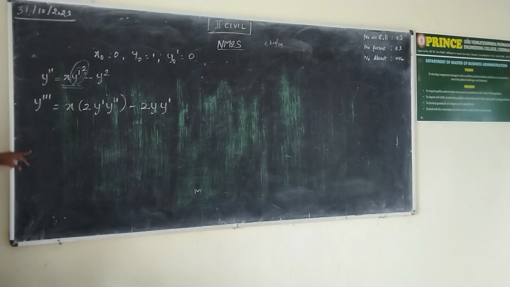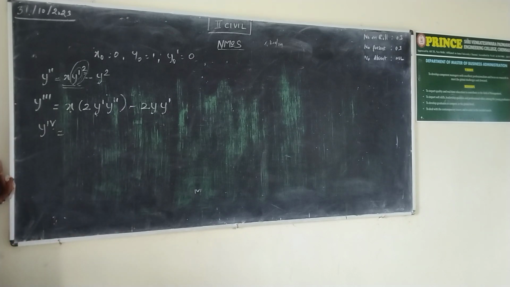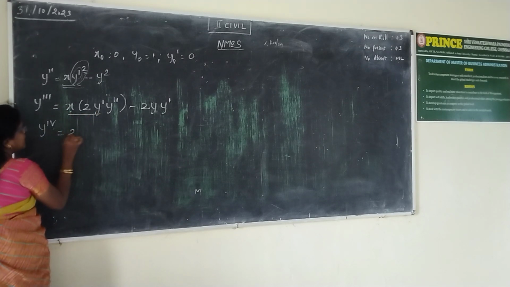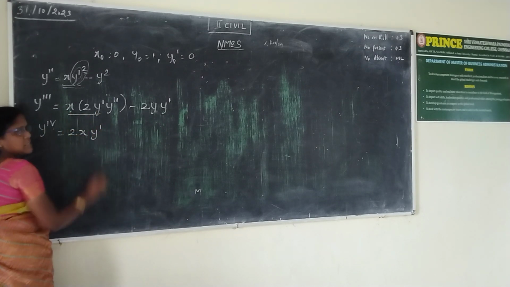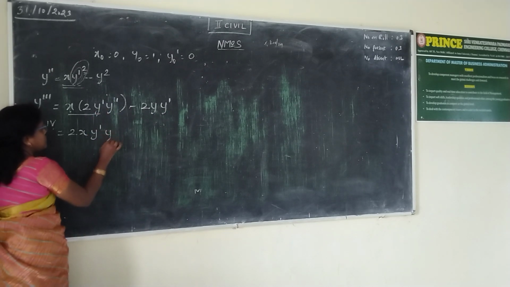Okay. Go for next derivative. What is differential of y double dash? Y 4. So now here we are having product of three terms. Make use of the same product rule. Keep 2 as your constant and differentiate the other one. Okay. So we are keeping 2x y dash as it is. What is differential of y double dash? Y double dash.